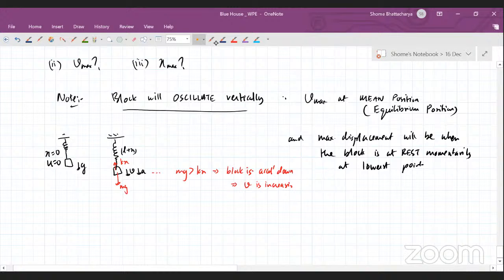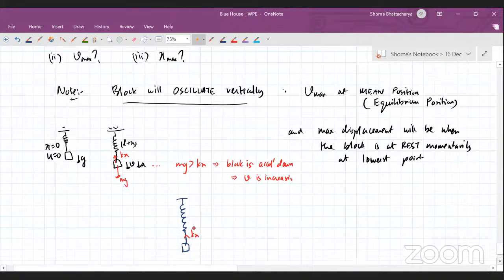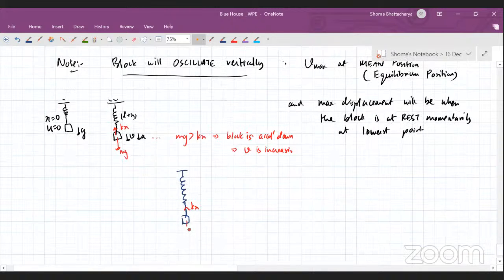Okay. But as that happens, next stage, it reaches a situation where at some point of time, kx becomes greater than mg. So at that point of time, it starts decelerating because still it's on its way down.